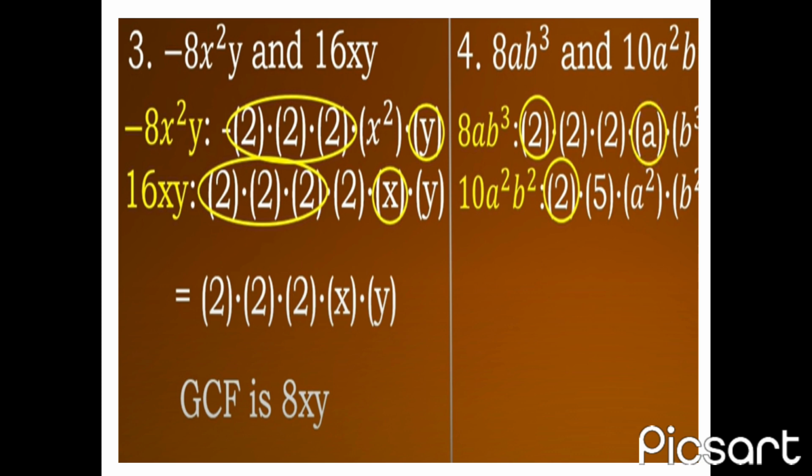For 10a squared b squared, we have 2 times 5 is 10, then a times a, or a squared, then b times b, or b squared. The common factor is 2. They also have the variable a in common, and b squared. So the greatest common factor is 2ab squared.